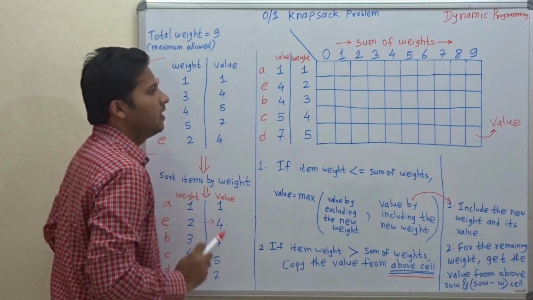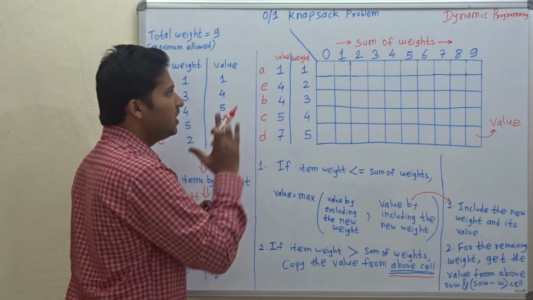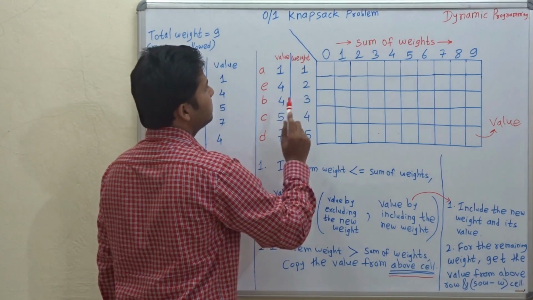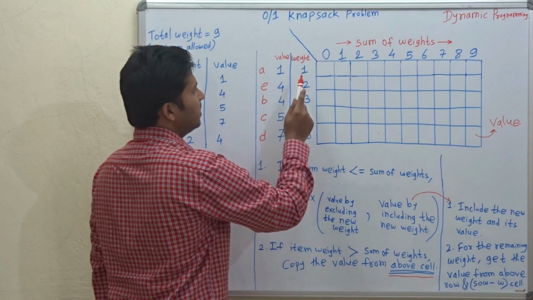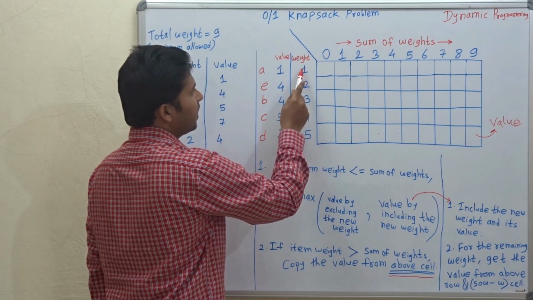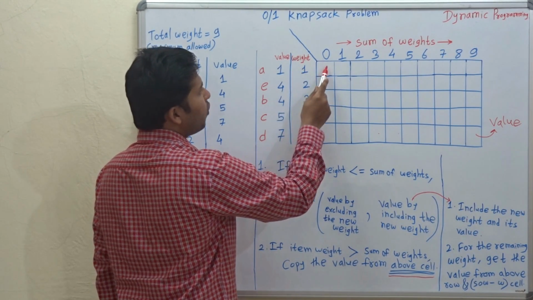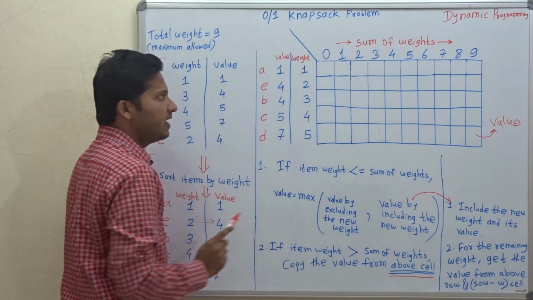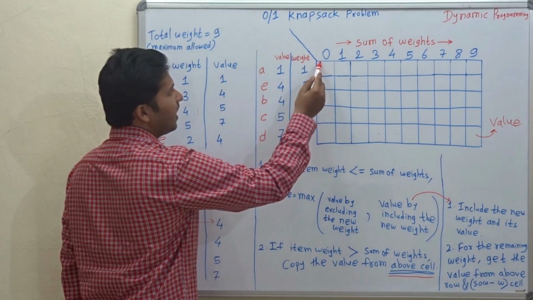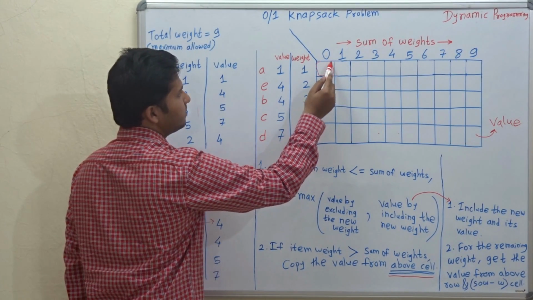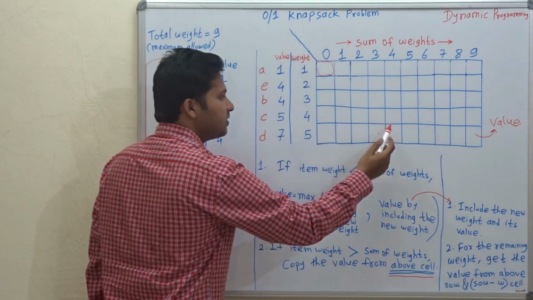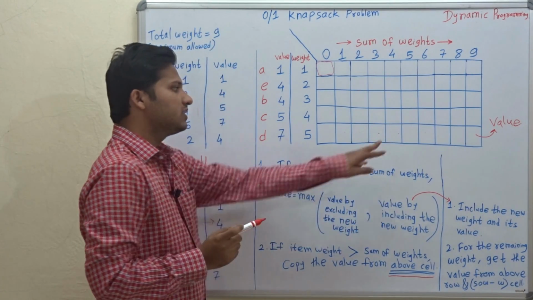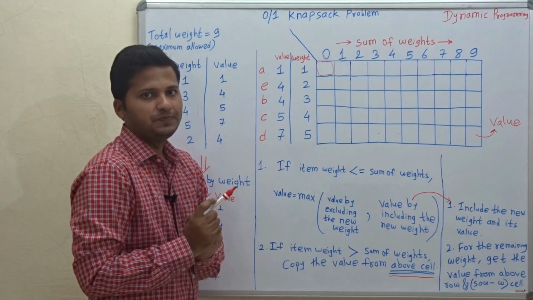Okay, now let's begin filling these values. So the first cell here denotes that if you have weight 1 and you want to form a sum of weight equal to 0, then what is the value generated? You have to always remember that in these cells we are always writing the value.